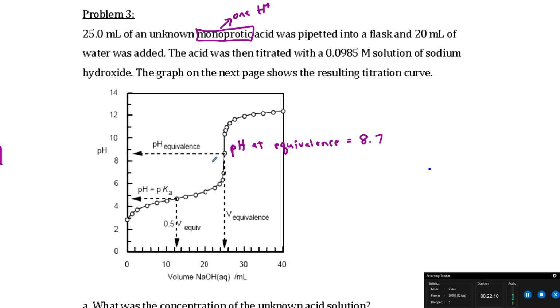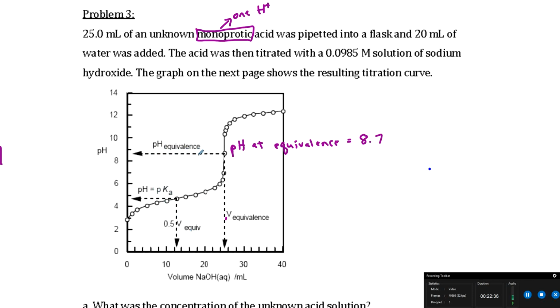Now remember we just talked about the pKa being equal to the pH at half the volume required to titrate. So we know the equivalence point is where the titration stops. Halfway to that volume is this 0.5 V, and that's when your pH equals your pKa.